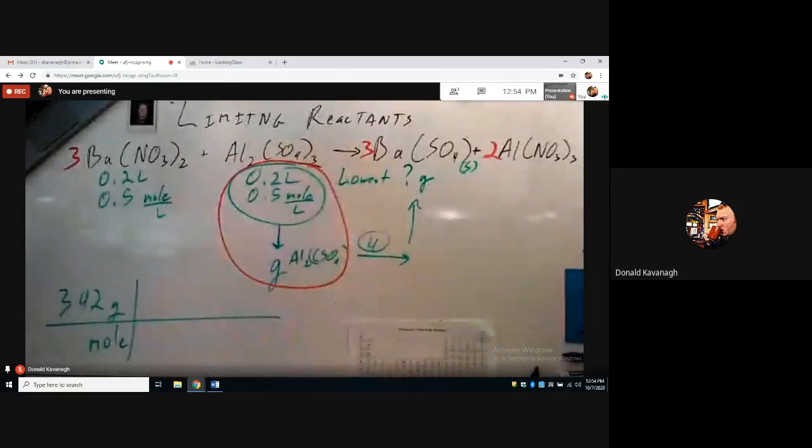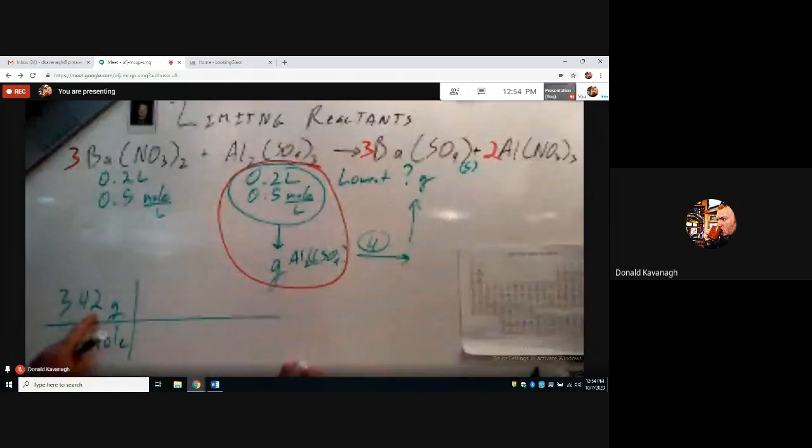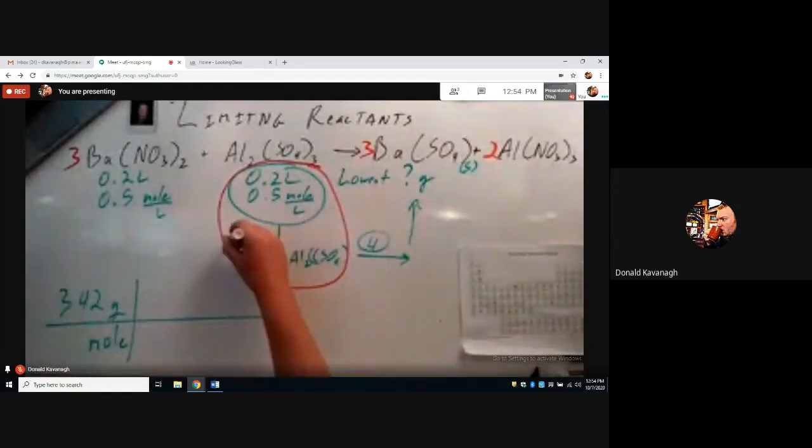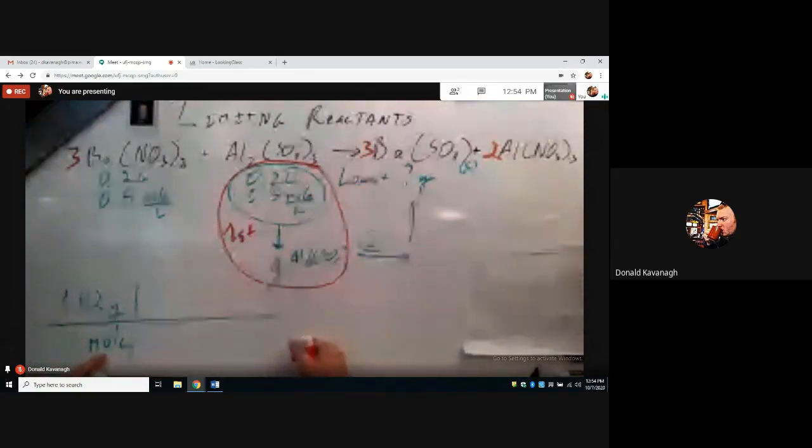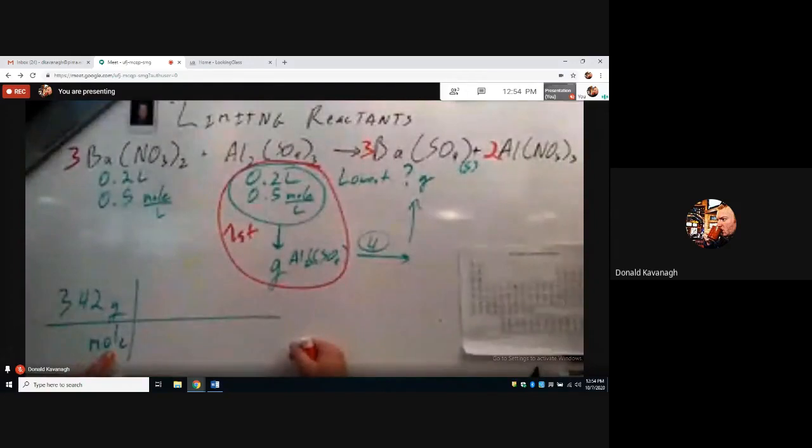Okay? Now I started with this step here because I want grams as my final answer of this step. And because I have grams already on the top, already where I want it to be, I have to cancel out stuff here. I need to cancel out moles. I am given something in the problem about moles, so I'm going to use that.